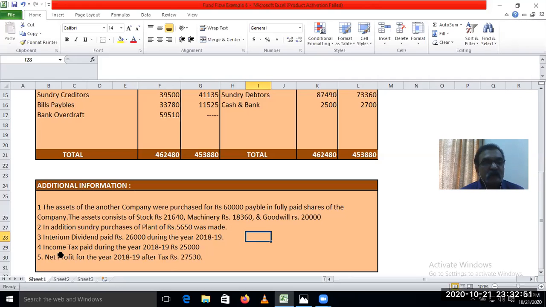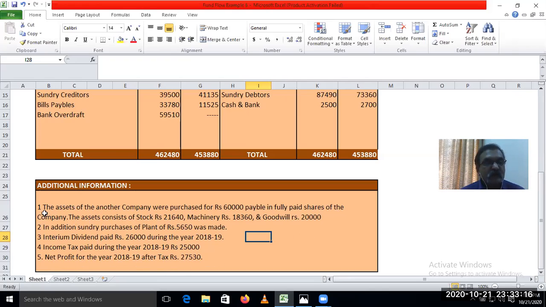Next, income tax paid during the year 18-19 rupees 25,000. And now here, this is the new thing, net profit for the year 2018-19 after tax rupees 27,530. We will see while solving the example what is the significance of this statement.